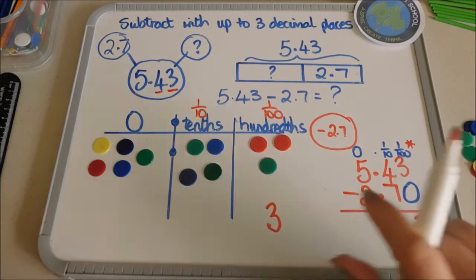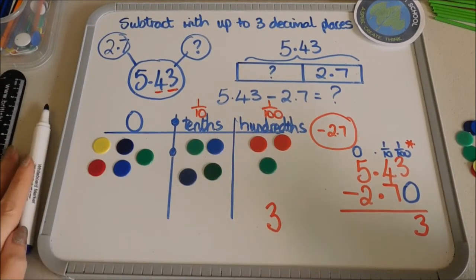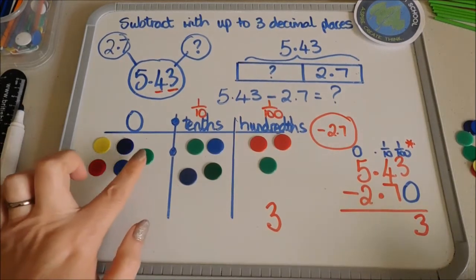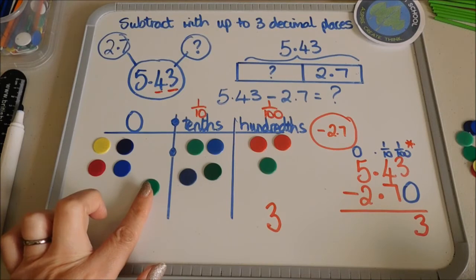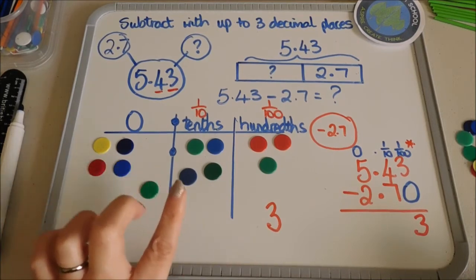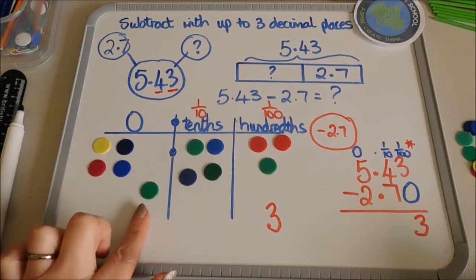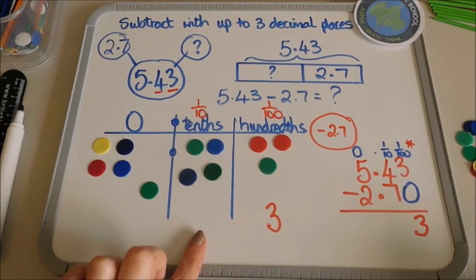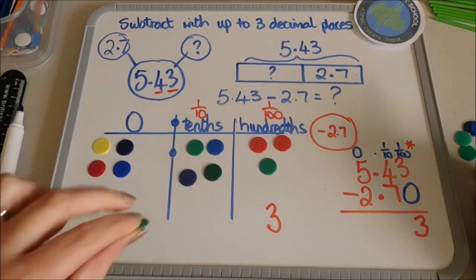We only have 4 here, so I cannot take 7 away as yet. So what I need to do is I need to exchange. So I need to bring one of my 1s and I need to exchange it into my 10ths. So 1 is equivalent to 10 tenths. So I need to swap this 1 and make it 10.